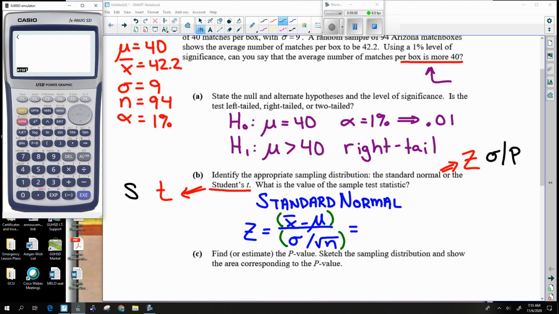So how I would do this, I would take x bar minus mu in a parentheses divided by sigma divided by the square root of n in a parentheses. So this is a z-score, so that goes to 2 decimals, so that's 2.37.